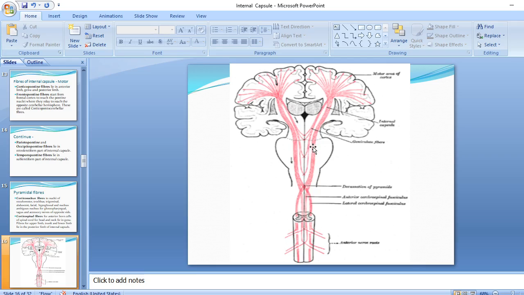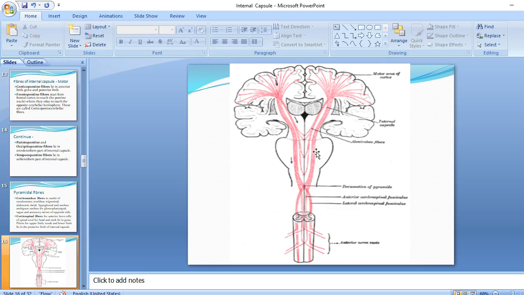Then here they pass to the pons, and here you can appreciate the corticopontine fibers relayed in the pontine nuclei, and they pass to the cerebellum on the opposite side through the middle cerebellar peduncle.